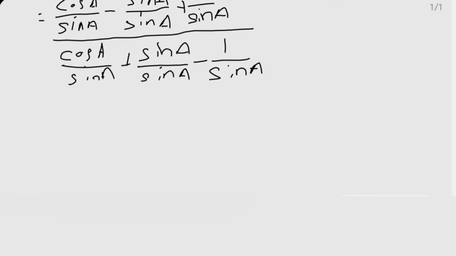So now see here, cos by sin we can write as cot. So write down cot A. Cos divided by sin is cot, minus sin A by sin A cancels.